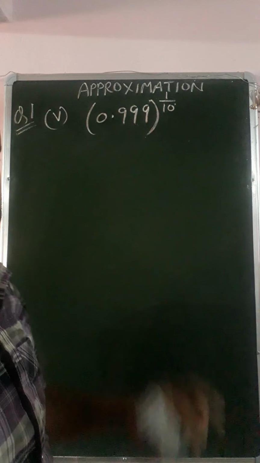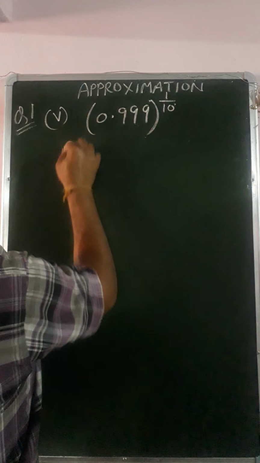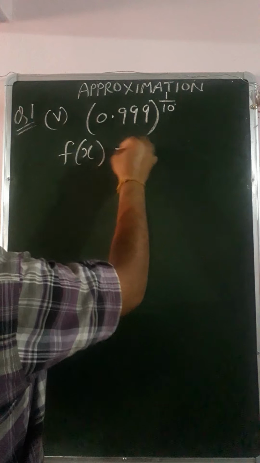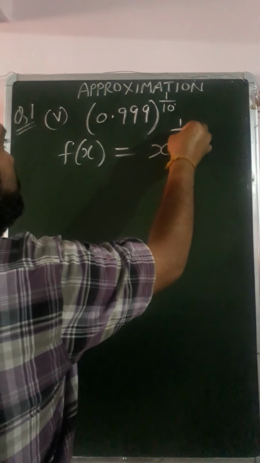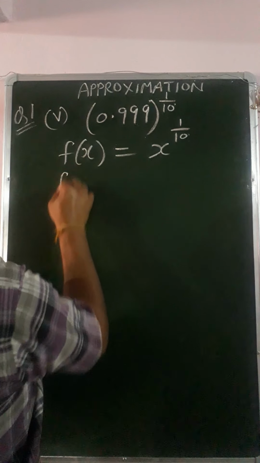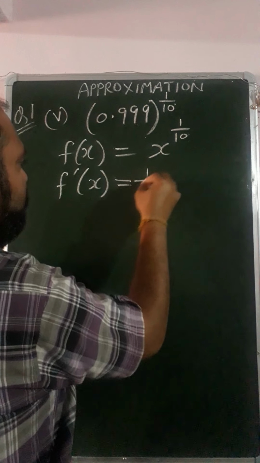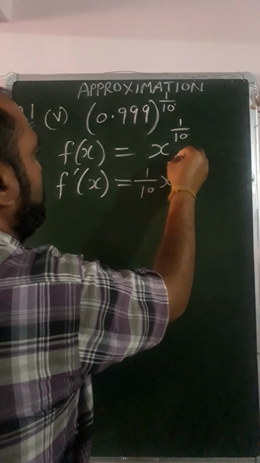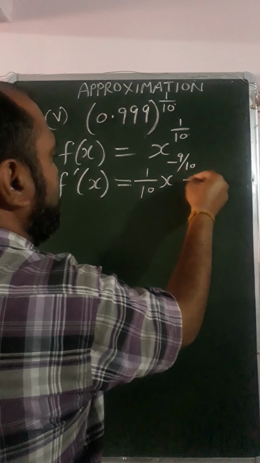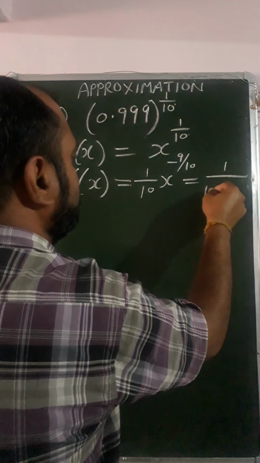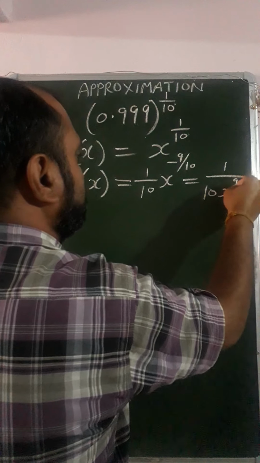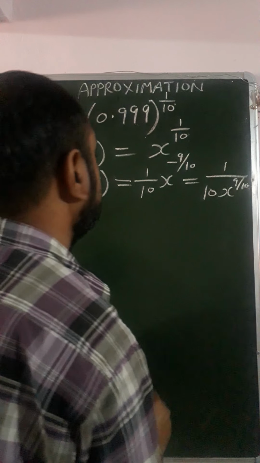As this function is the 10th root, I am taking this function f(x) as x raised to the power 1 by 10, right? Now the derivative is f dash x equal to 1 by 10 x power minus 9 by 10, and we can write this as 1 over 10 into x power 9 by 10, right?